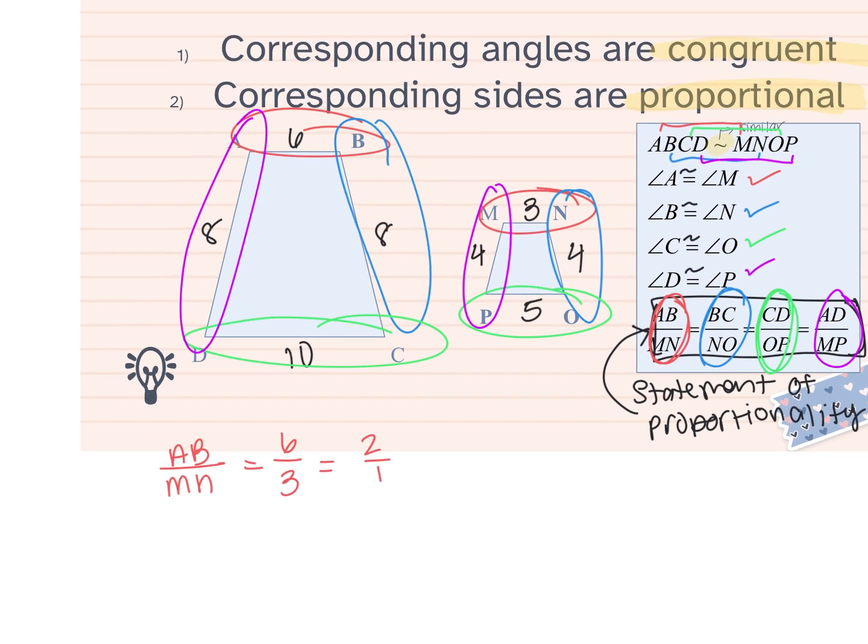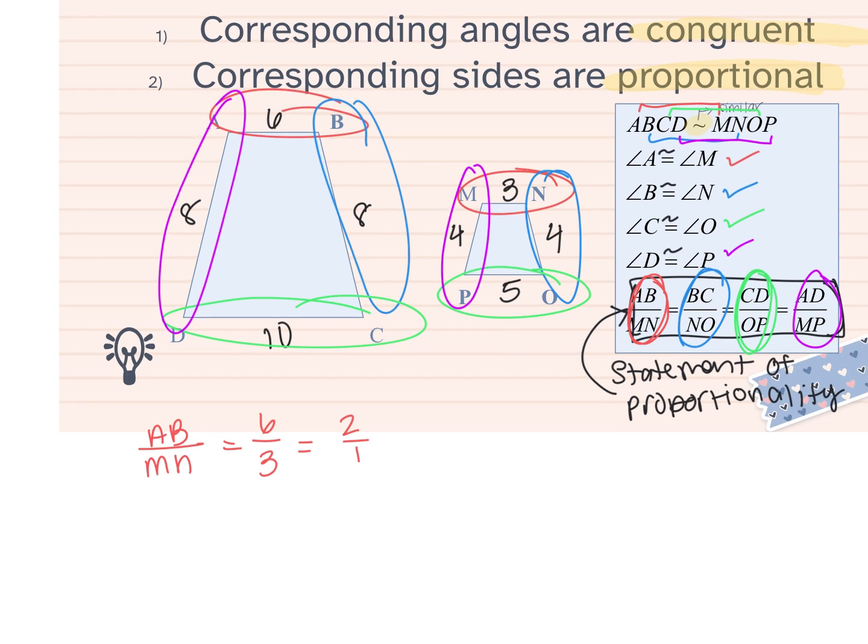All right, looking at the next one, again, finding our scale factor. BC over NO is the same thing as writing 8 over 4. Again, look at it, they're different numbers. And this is still going to be 2 over 1.